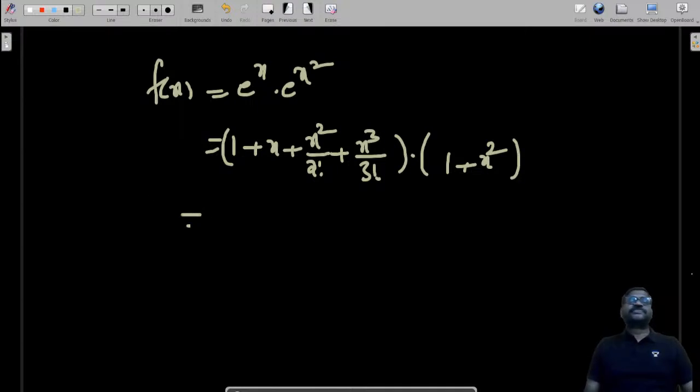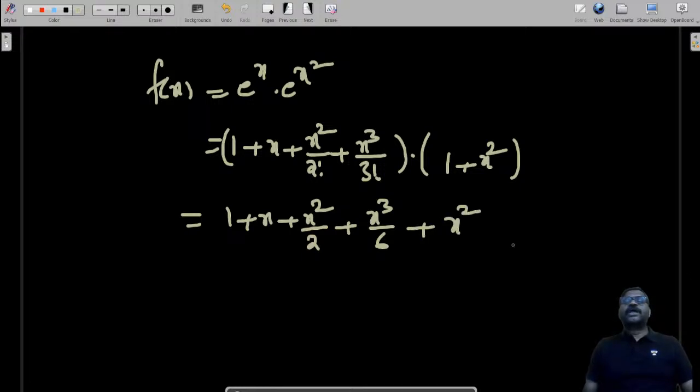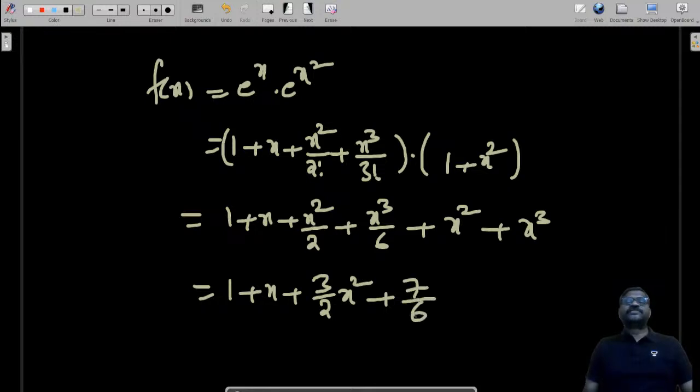Observe, x square plus x cube: 1 by 2 plus 1 is 3 by 2 x square, 1 by 6 plus 1 is 7 by 6 x cube.